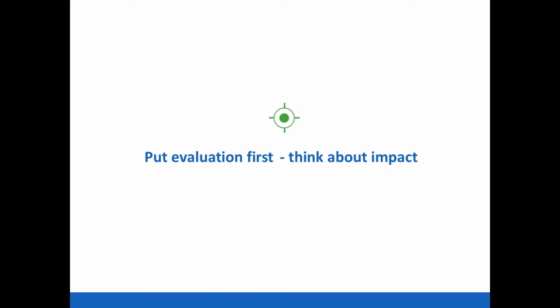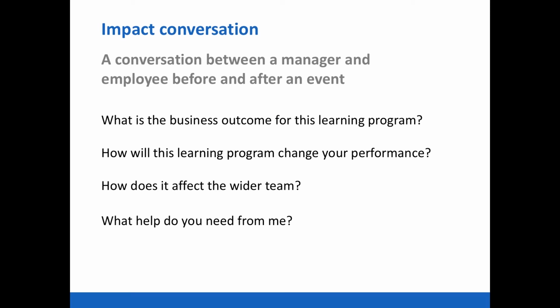I think one of the most powerful words for me around evaluation is actually impact. I talked quickly before about Fort Hill, and in their 6D systems, they had this really nice notion of an impact conversation. Impact conversations happen between a manager and an employee in their team before an event and then after an event, asking questions like, what's the business outcome?